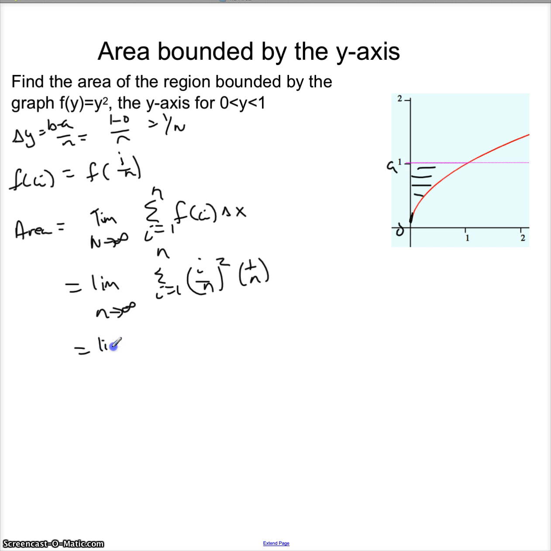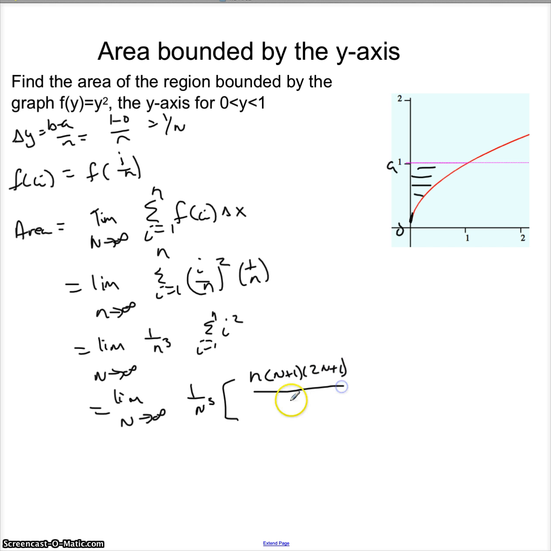So this is the limit as n approaches infinity of what? 1 over n cubed times the summation i equals 1 to n of i squared. So this is the limit as n approaches infinity of 1 over n cubed times n(n plus 1)(2n plus 1) all over 6.